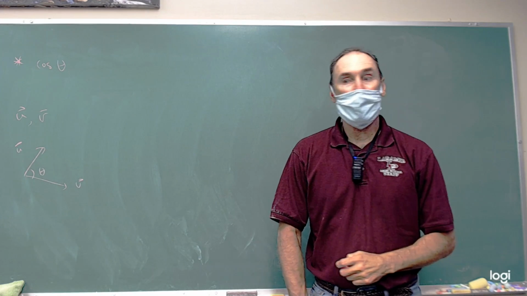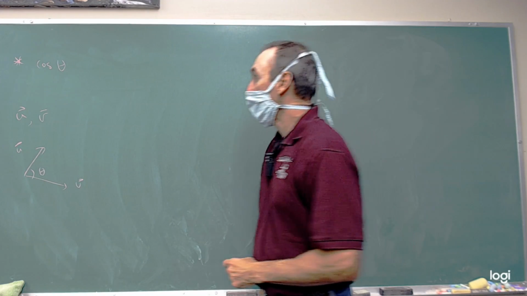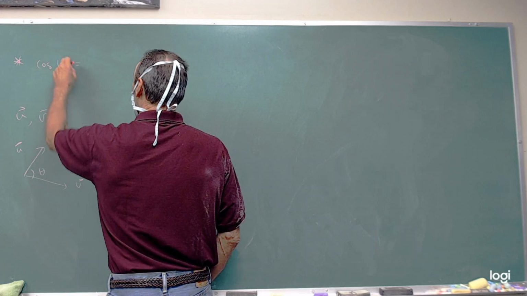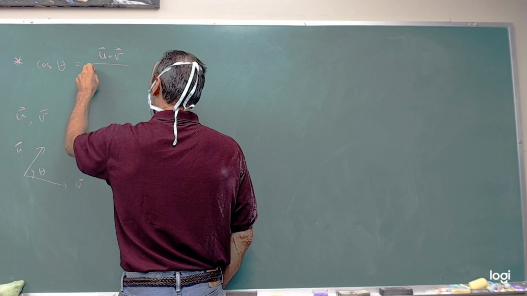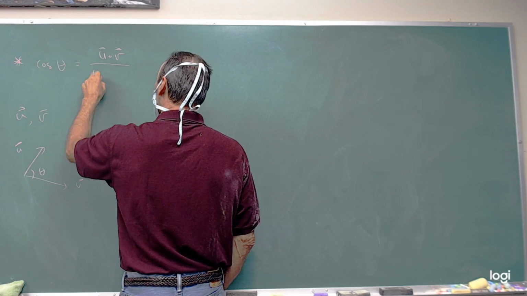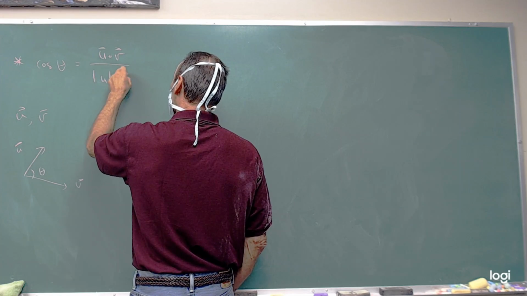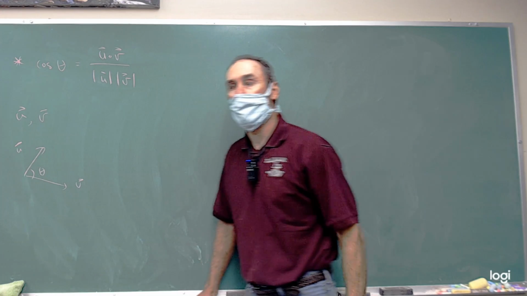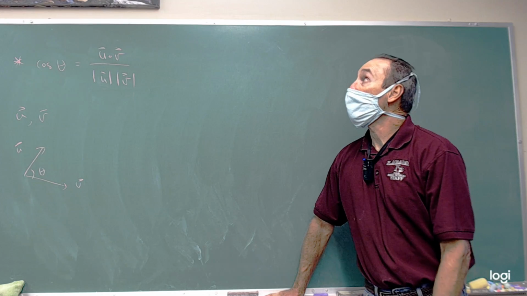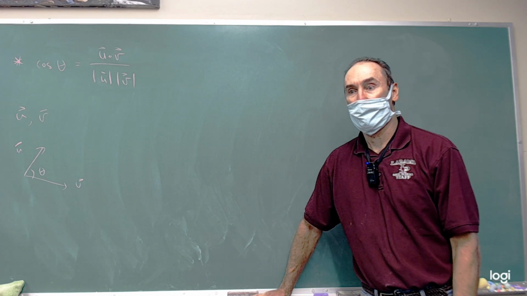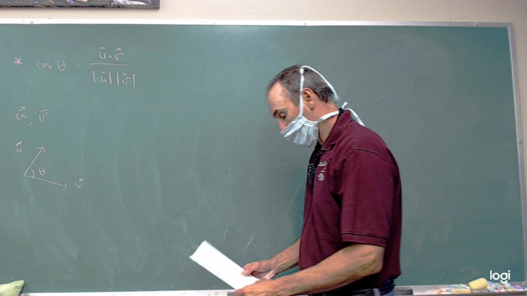We're looking at the acute angle that they form. Then it turns out that the cosine of theta is u dot v over the magnitude of u times the magnitude of v. How cool is that? That comes from the law of cosines. We can show it, but not in 2 minutes. Okay? So we're going to use it.